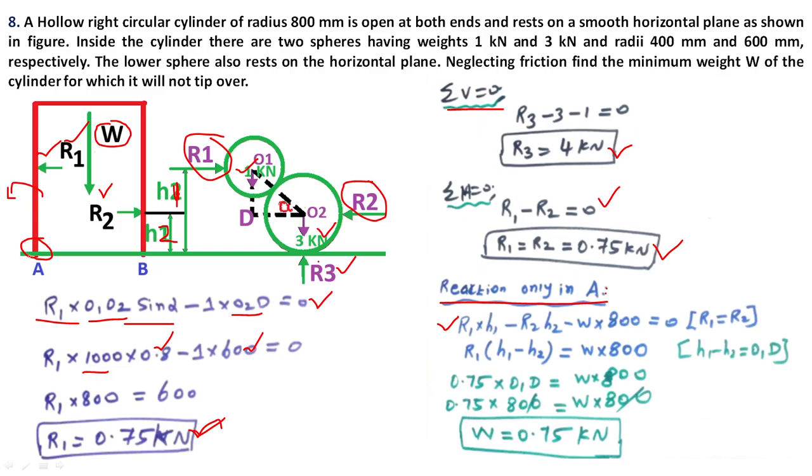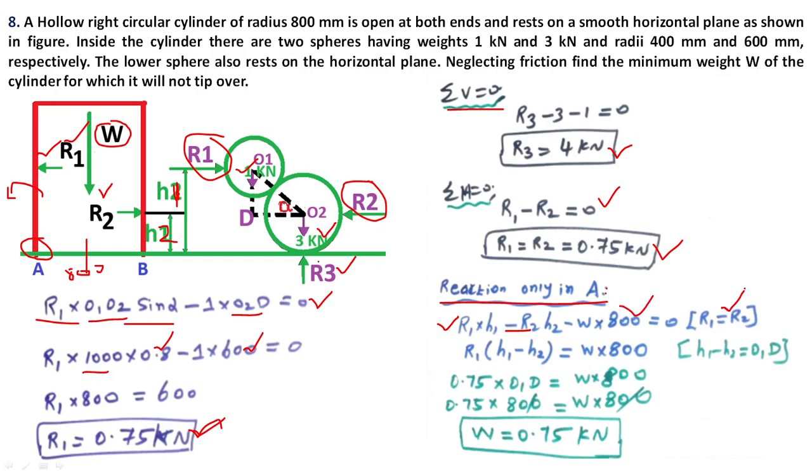Then next, minus R2 into H2, since it is in the clockwise direction, so a negative sign. R2 into H2 is also clockwise. Then W acts at the center point. The total distance is 1600, so half of the distance is 800. So minus W into 800 is equal to 0.